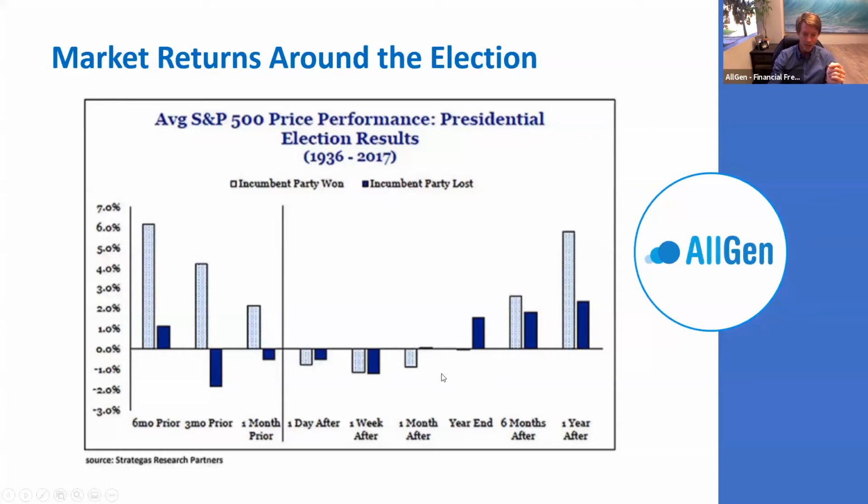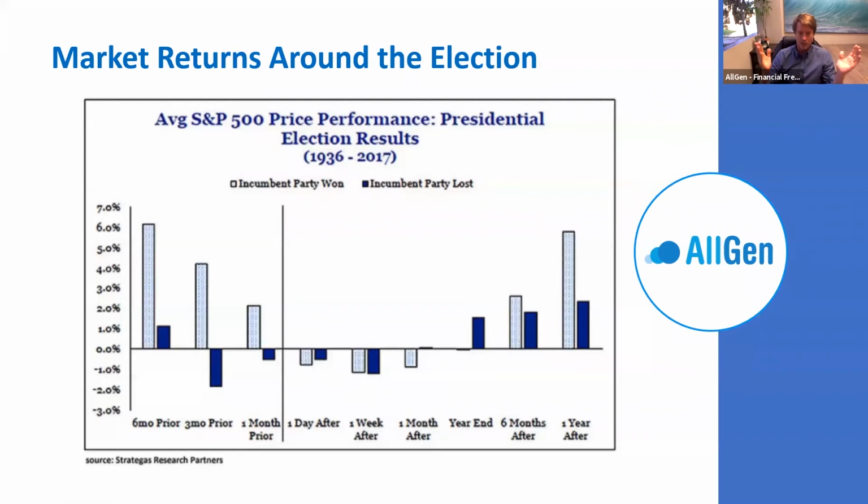The reason I point this out is that, as we've been telling everyone in the last 2 market updates we've had, we don't believe the results of the presidential election are significant in terms of market performance.